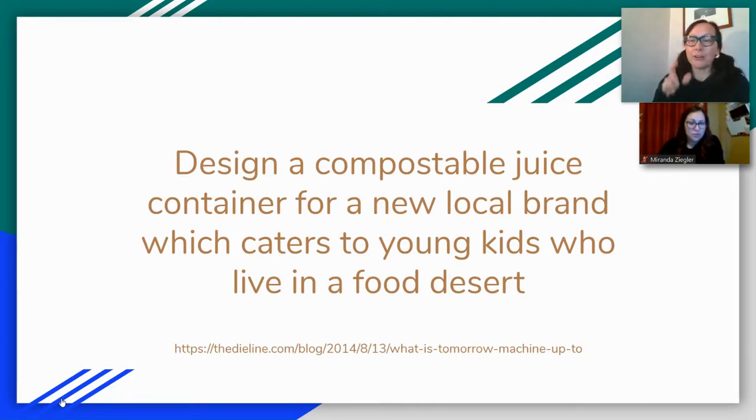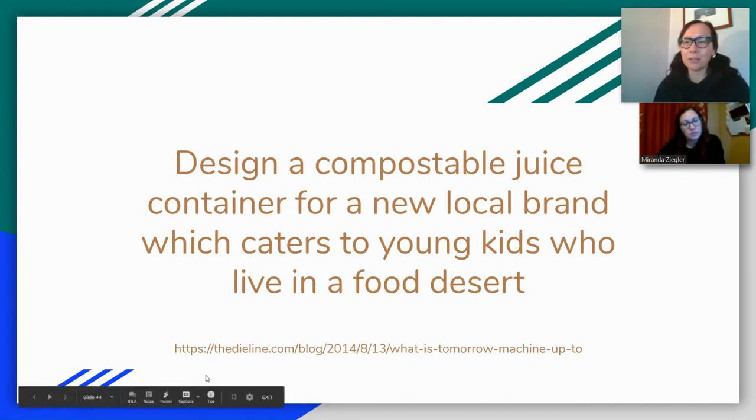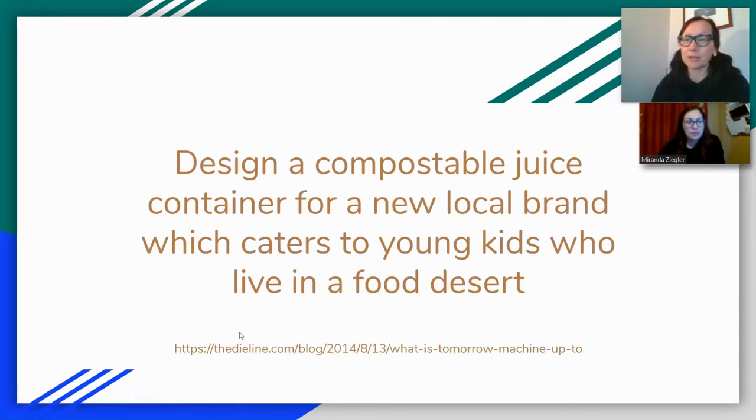So there are several different components to that one, and you could develop a much more multi-tiered sort of design challenge. I could even see how this could be scaffolded. You could start it off with design a juice container, and then the next step would be the branding of it has to cater towards the specific audience. And so you could definitely take some of these ideas and break them up into parts.